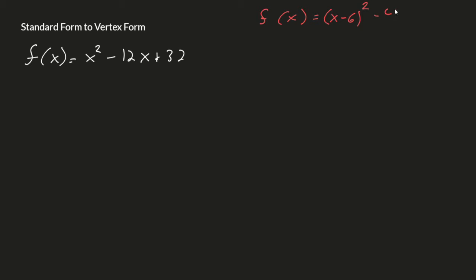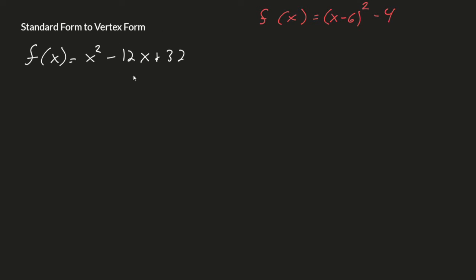So how do we rewrite our quadratic from standard form to vertex form? If you recall, our example is f(x) = x squared minus 12x plus 32. And the vertex form that we're aiming for is f(x) = (x - 6) squared, minus 4.